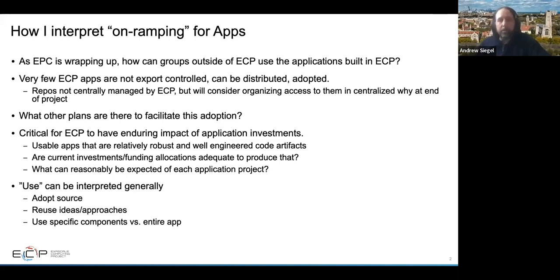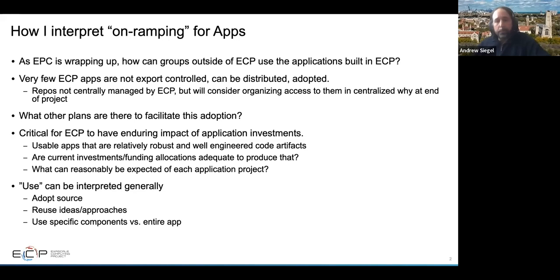But we would like to leave ECP with software on the application side that can be used both by the application developer groups who develop them, as well as, where appropriate, external application communities. And that can be actually very broad when it comes to physics components that are cross-cutting across many different domain areas, very fundamental physics components.